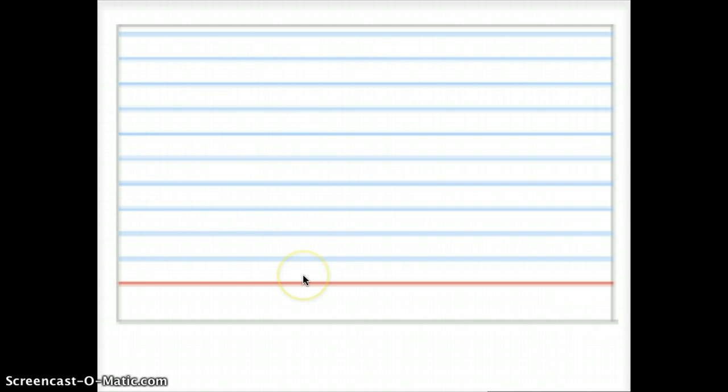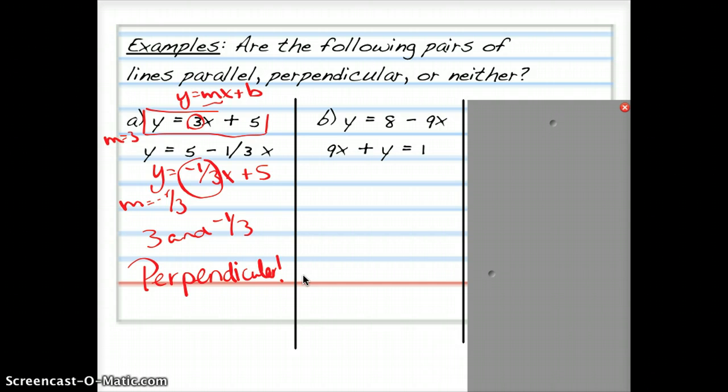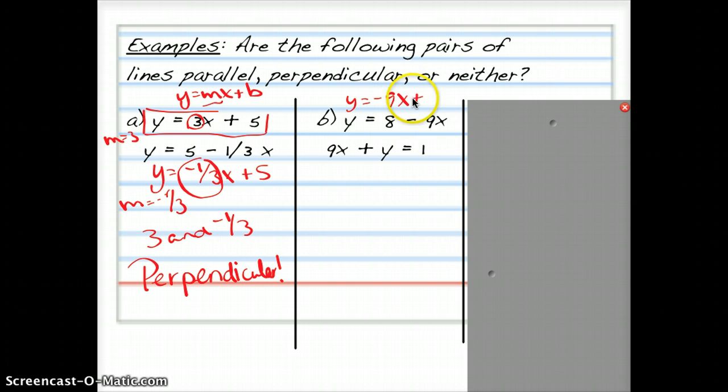All right, see if you can do this next one. y equals 8 minus 9x, and 9x plus y equals 1. So again, I want to check out their slopes, see if they're the same or opposite reciprocals or neither. So this one, y equals 8 minus 9x. I could rewrite that as y equals negative 9x plus 8 if I wanted. The second equation is in standard form, not slope-intercept.